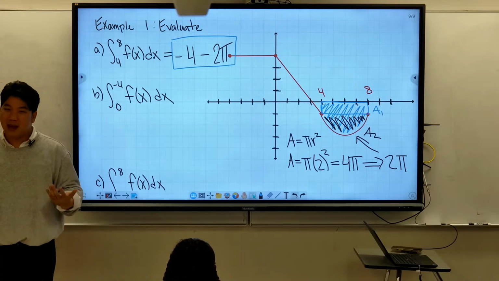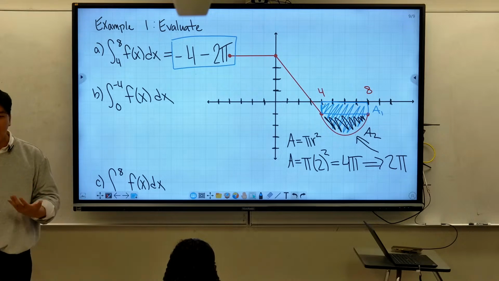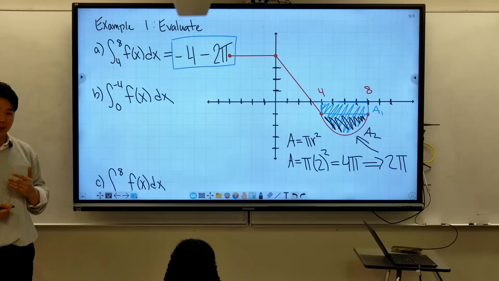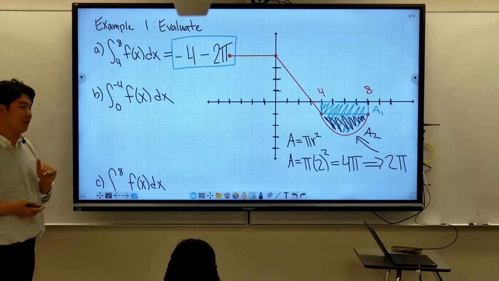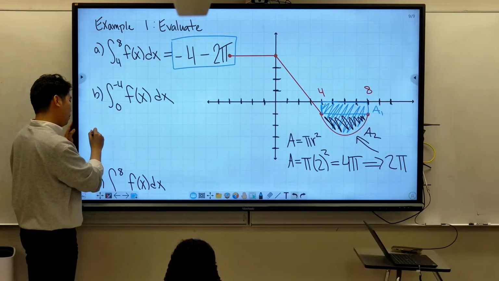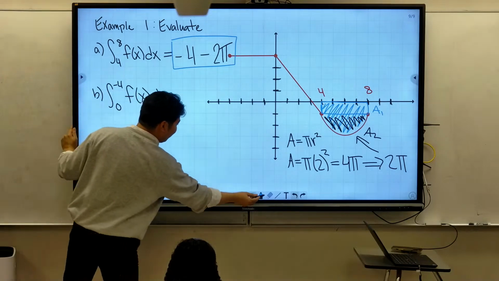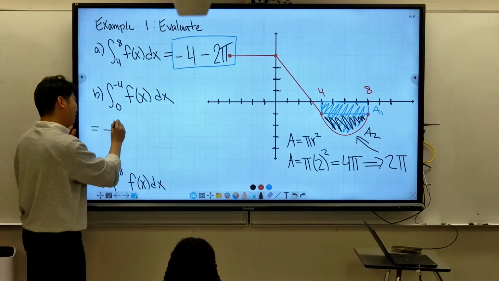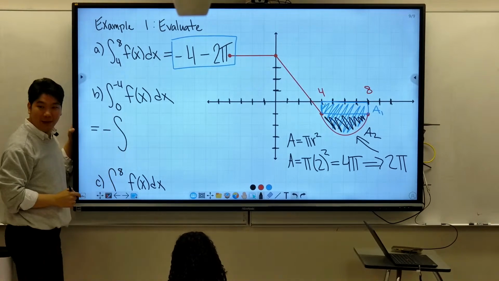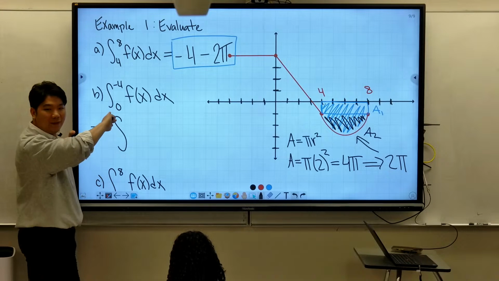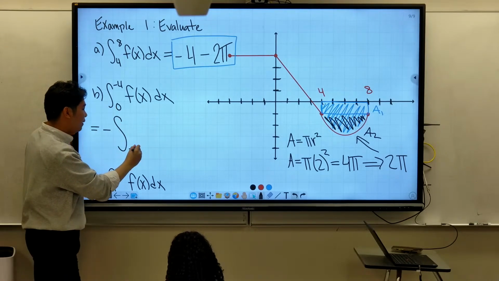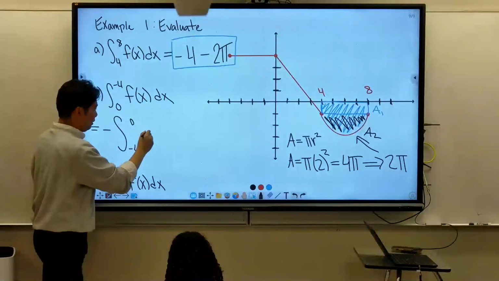But what does that mean? Does that mean that I wrote this wrong? Not necessarily. It just means I need to be careful about how I evaluate this. And actually, it's a quick fix. If I put a negative in front of the integral, I can flip the bounds. So I can write this as negative the integral from -4 to 0 of f of x dx.